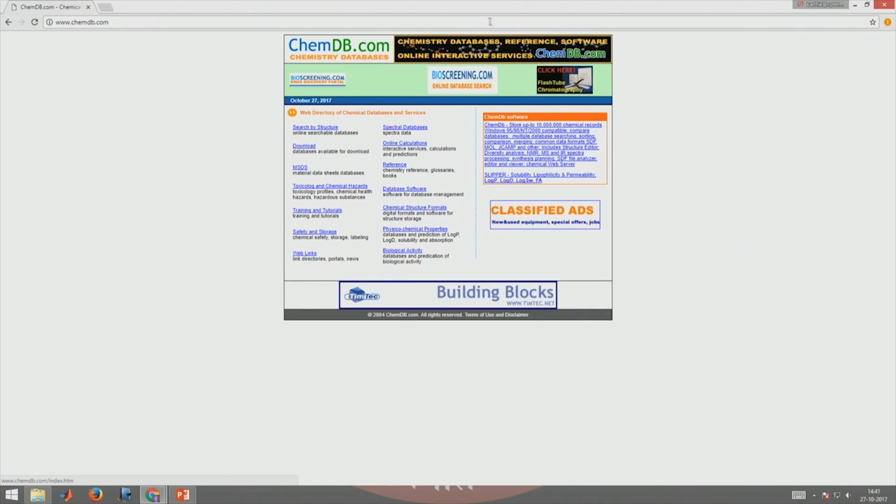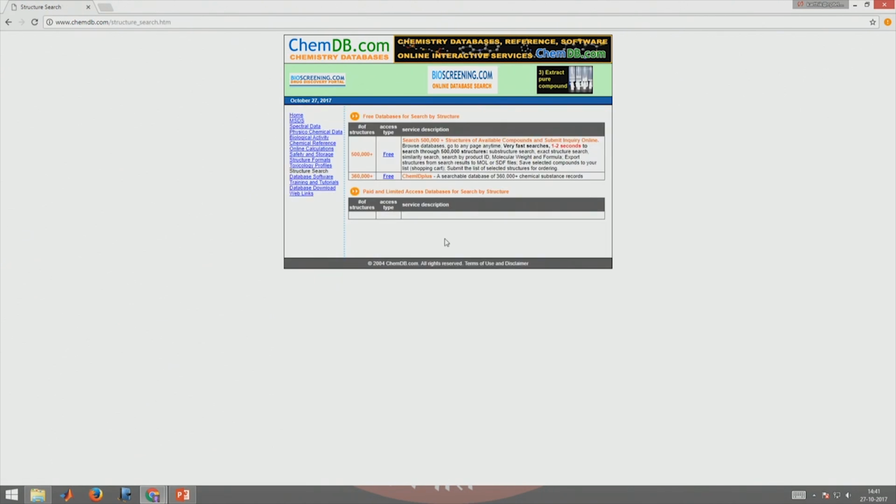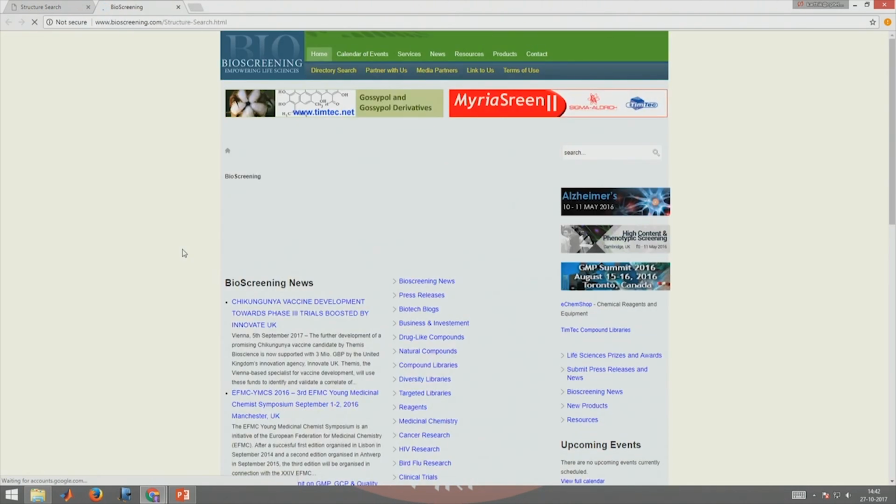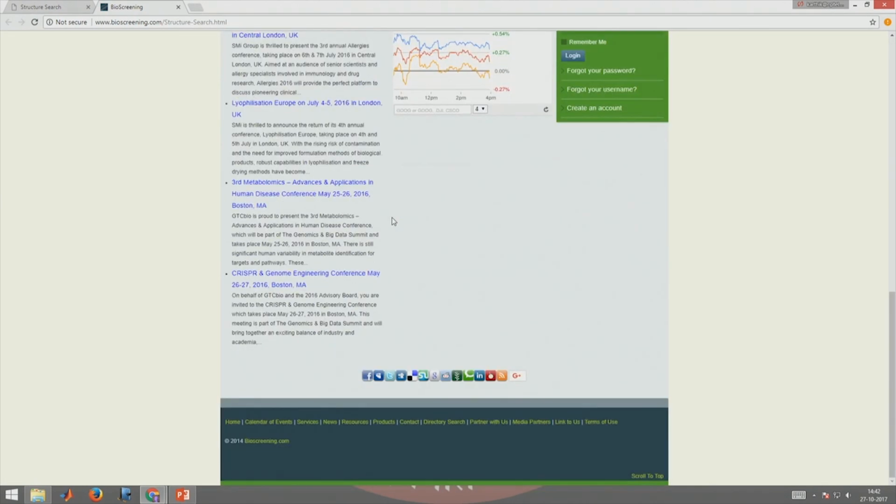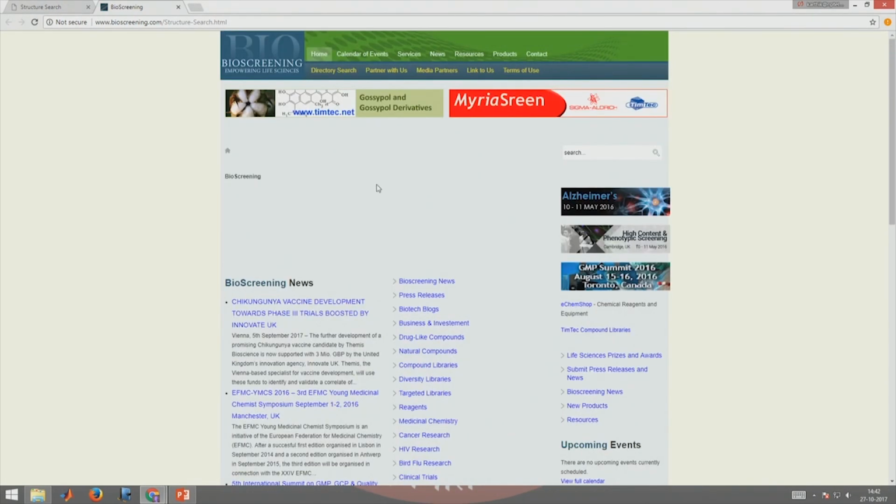You can see this is a chemistry database reference. We can search by structure. So I give the structure, and then we can look at different types of structures, and then we can start looking. This is bioscreening. So we can start looking at structure search.